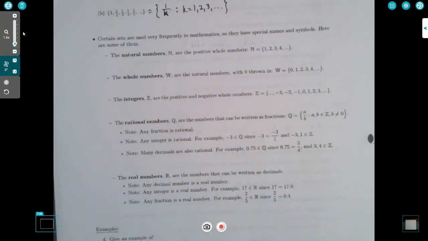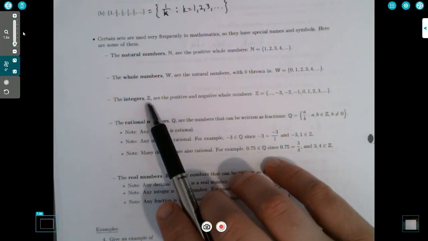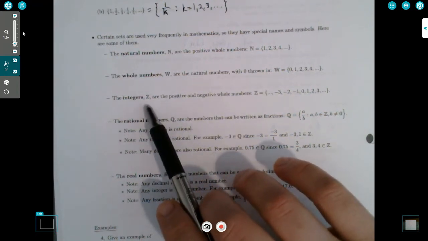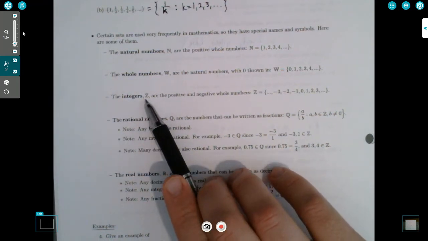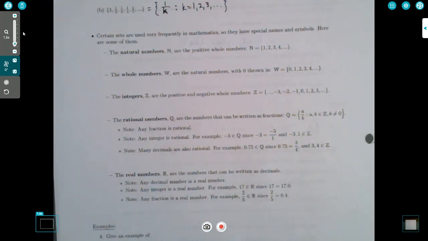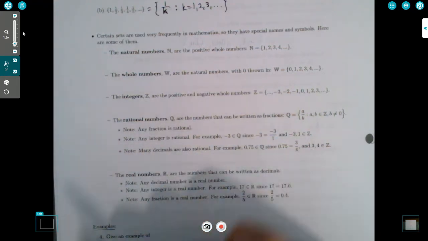I don't speak German, but I would imagine that the word in German for number or whole number probably starts with a Z. So anyway, integers, we'll call them Z. It's the set Z. Now your book uses the letter I to describe integers, and that probably makes more sense to us English speakers, but I'll tell you right now that that's not the usual symbol for the integers. The usual symbol in mathematics for the integers is the letter Z with the double stem.